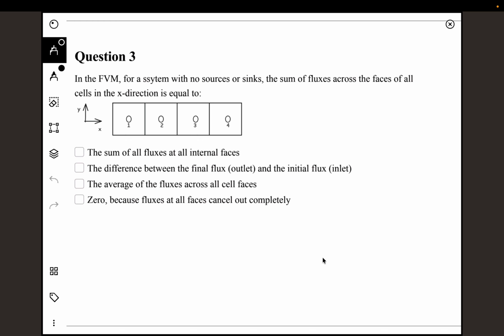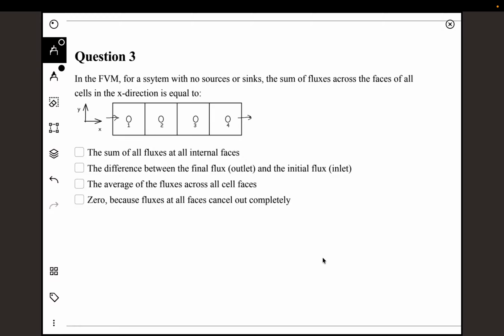So for example, if we were using the finite difference method, we cannot make sure that whatever flux is coming in here is equal to whatever flux is going out there, because in each cell there will be some error that can get accumulated. Eventually it will either increase or decrease. If you have reached convergence, then you can assure that the error is within your limit, but otherwise that is not maintained.